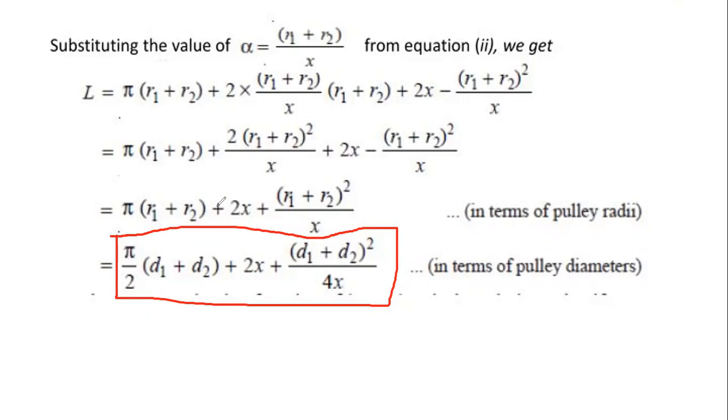Then for the radius terms, that is pi into R1 plus R2 plus 2x plus R1 plus R2 whole squared by x.